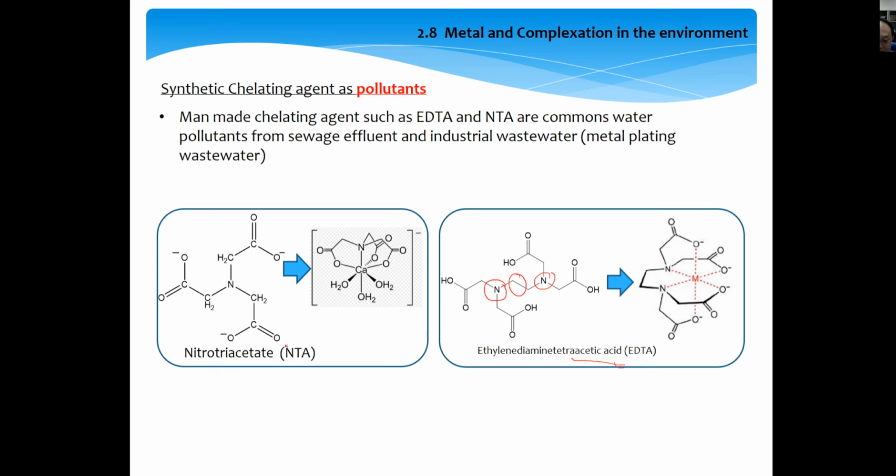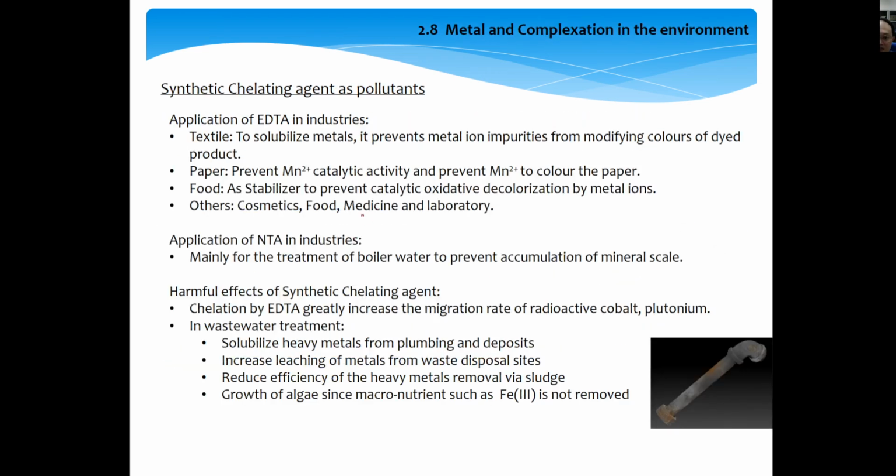NTA is called nitrilotriacetate. So we have one nitrogen and three acetate groups. All these chelating agents are very soluble in water. So just take a look at the applications of EDTA and NTA in industry.